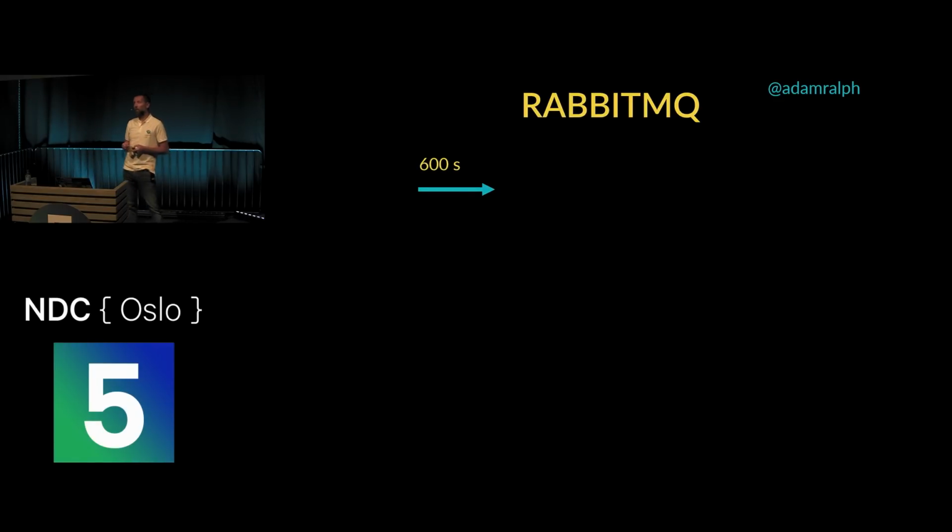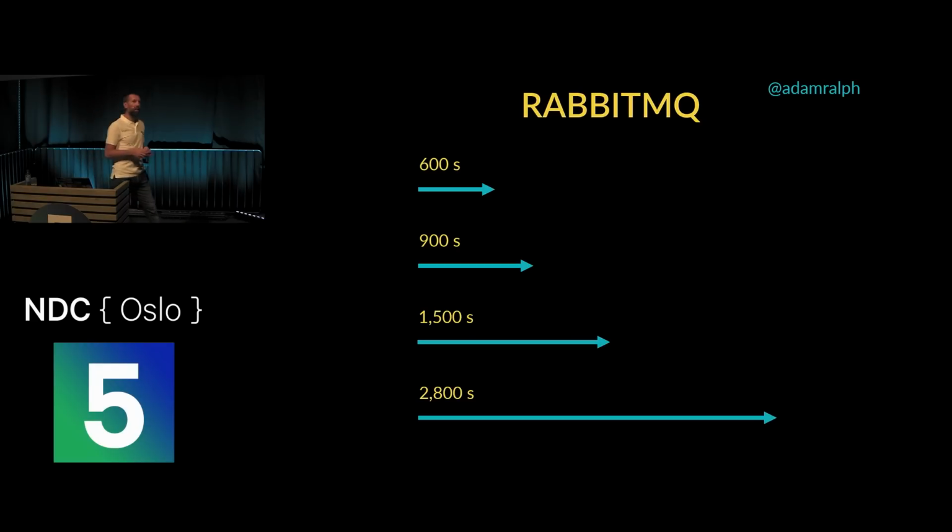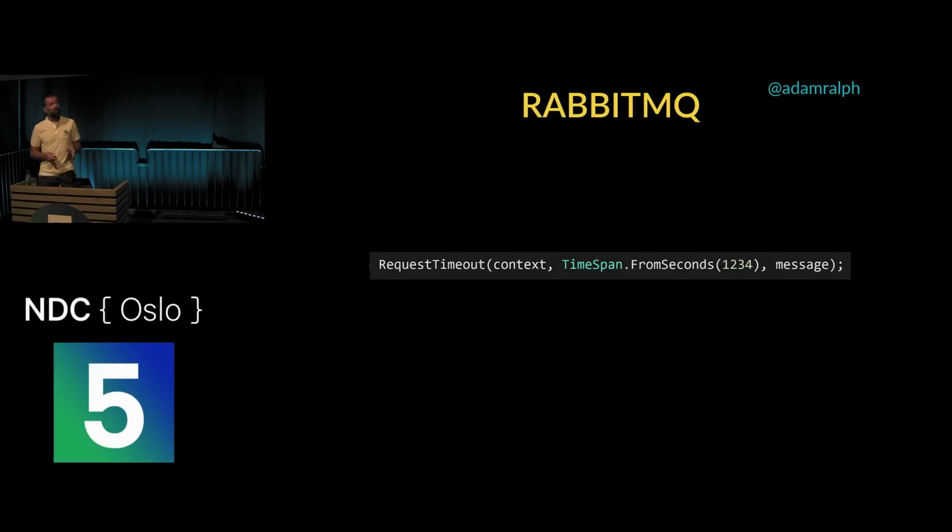And that works pretty well, because then you can create a queue with a 900-second time to live, one with 1,500 seconds, one with 2,800 seconds. But you might be starting to spot the problem here. You're going to have a separate queue for every delay level you want in your system. Now, the API looks like this, right? And I can write any number I like in there, okay?